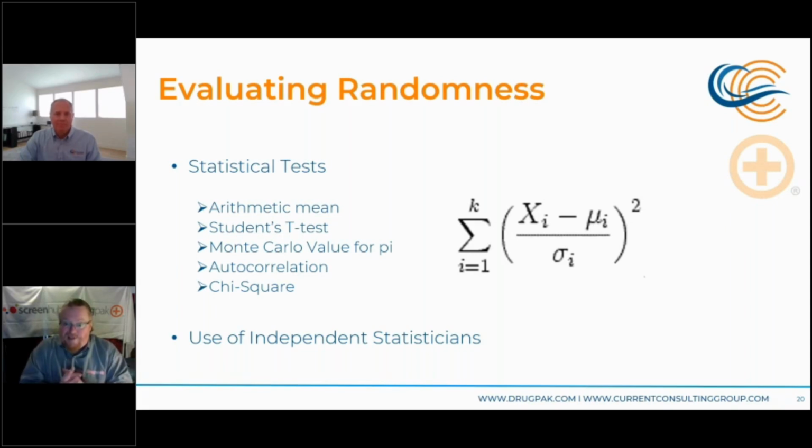Student's t-test is a fun test. It was actually devised by a worker at the Guinness Brewery of Dublin, Ireland, and it was used for selecting samples for quality control. And it has become a very popular test for evaluating surveys and psychological studies and many other purposes. The Monte Carlo value for pi is pretty cool, has a cool name.